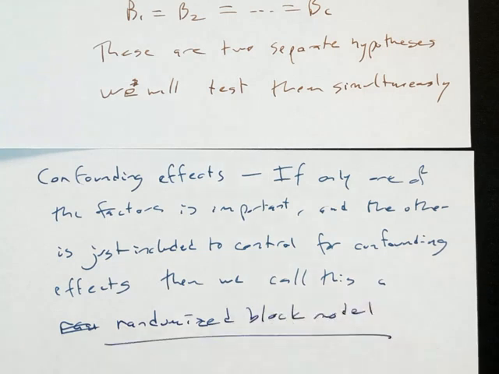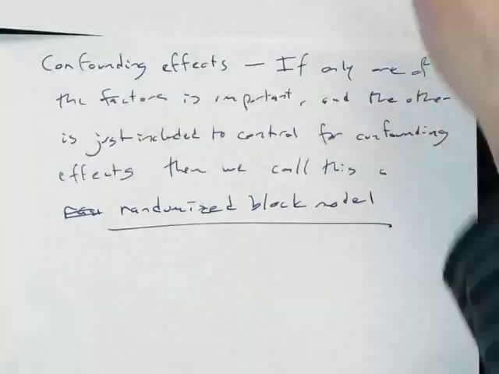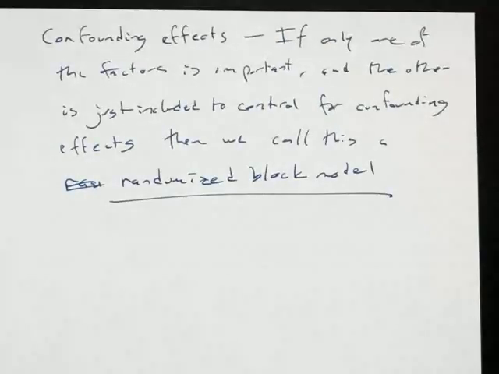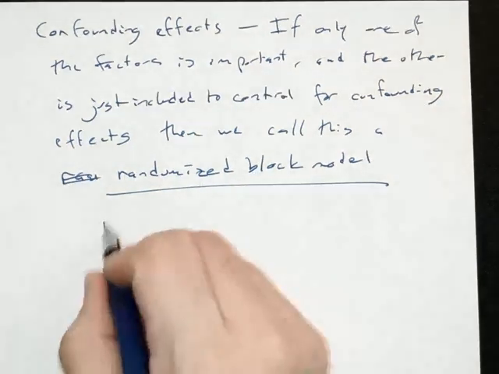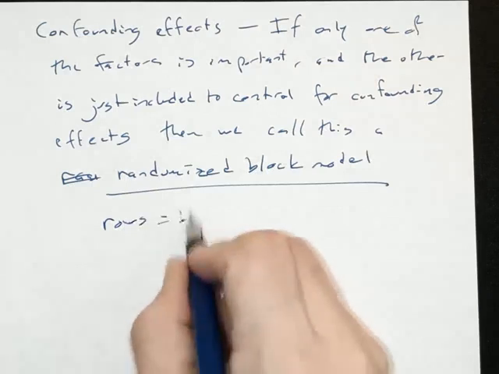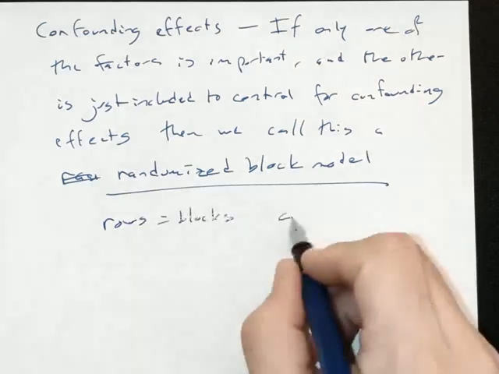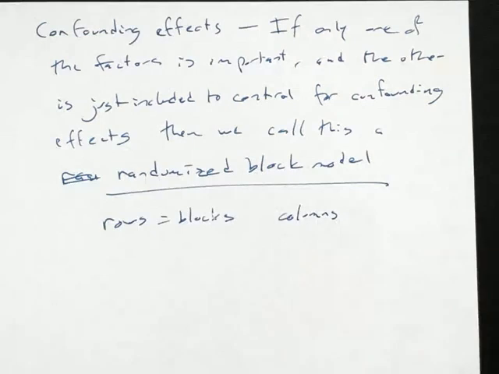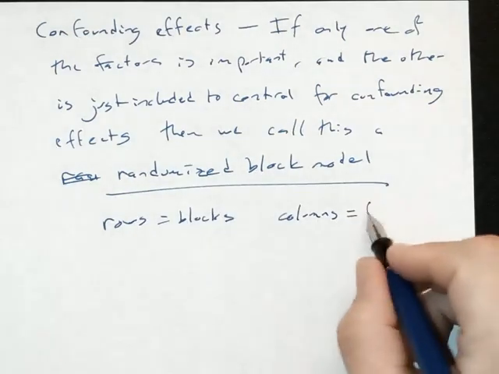And you will often hear such a thing called a randomized block model. An ANOVA with a randomized block. Almost always our blocks then become our rows. And our columns, those are the factors we care about.